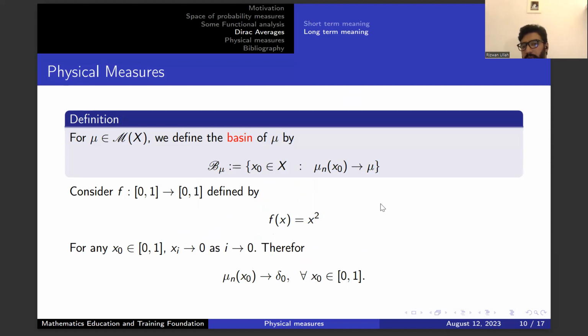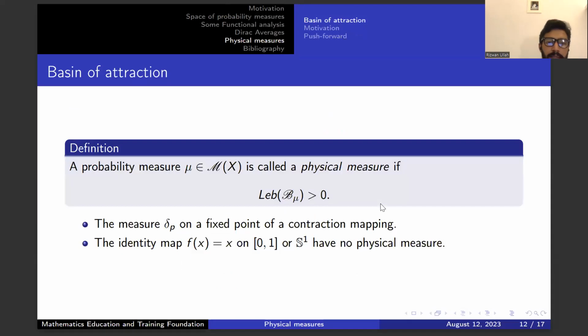As in this example, 0 was an attracting fixed point, and the Dirac averages for each and every point except the point 1 were converging to the Dirac delta at the point 0. So this is the same when you have a unique fixed point for a contraction.